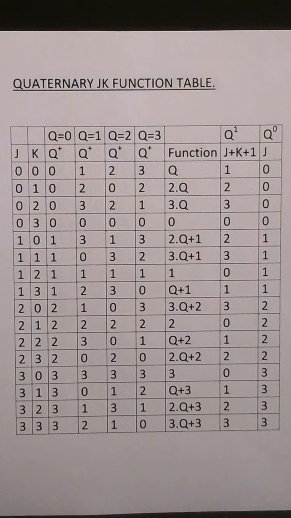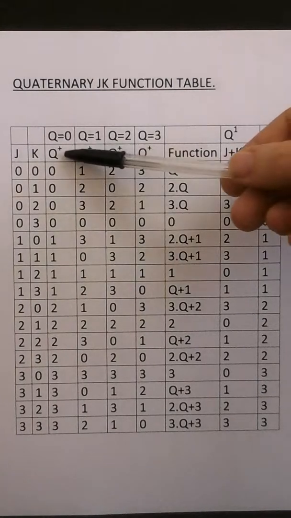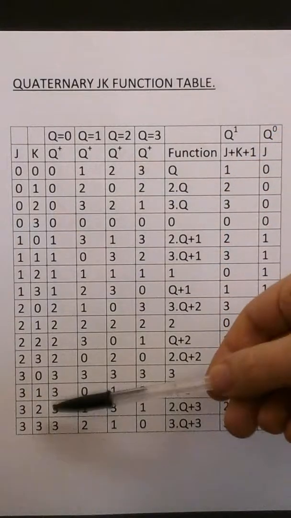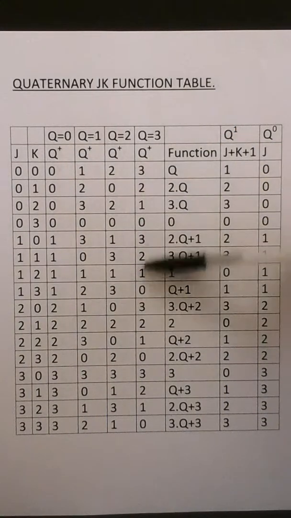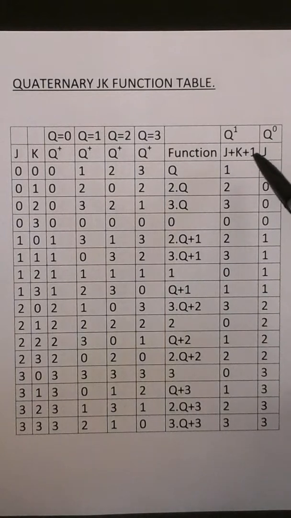Next we're looking at the quaternary JK function table. Here we have the values of q plus, when q equals 0, q equals 1, q equals 2, q equals 3. I've written the coefficients here of q plus 1, when q equals 1: j plus k plus 1 modulo 4 is the coefficient of q.